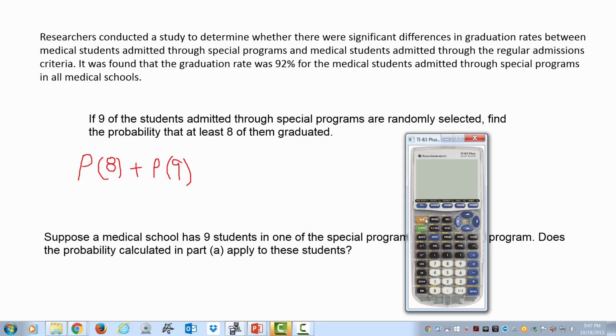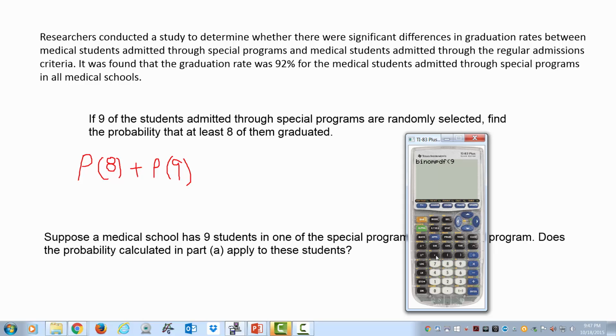So the shortcut is you go to second vars, and then you scroll down and you find binomial probability distribution function. Okay, so this is a binomial, as we said. I press enter. Now the order that you have to put these in are the total.